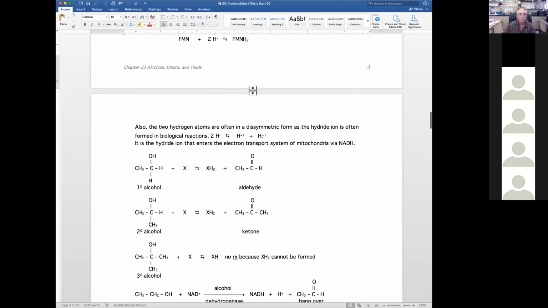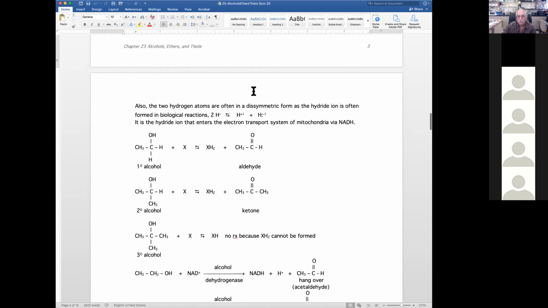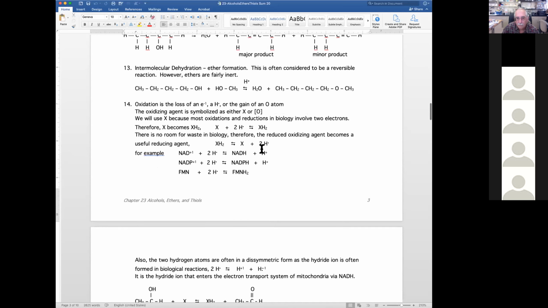So, do the reducing agents just have an extra H? Sorry, do the reducing agents have what? It looks like there's just an H added on top then. You mean over here? Yeah. Well, okay, you look at NAD, right? It has that positive charge, right?